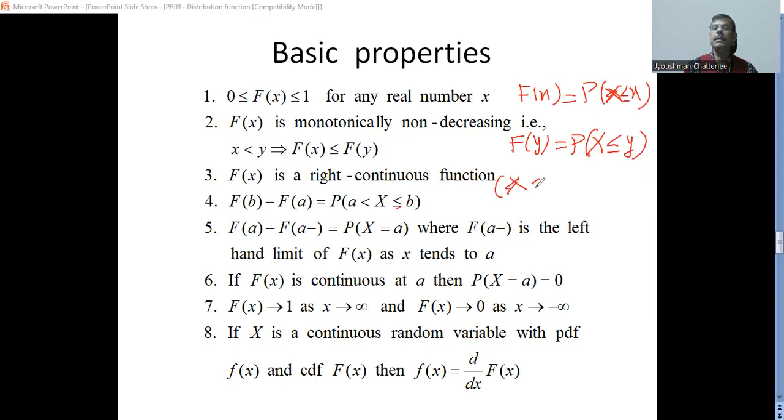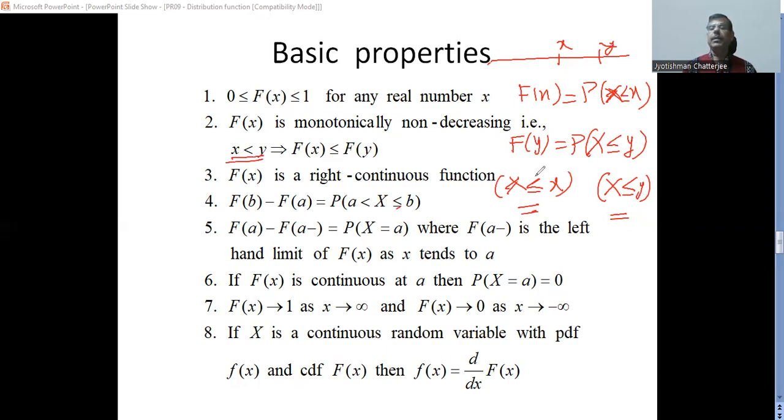One event is X less than or equal to x, and another event is X less than or equal to y. This is one event, this is another event. Now, here is the real line. Here is x, here is y, because we are given x is less than y.